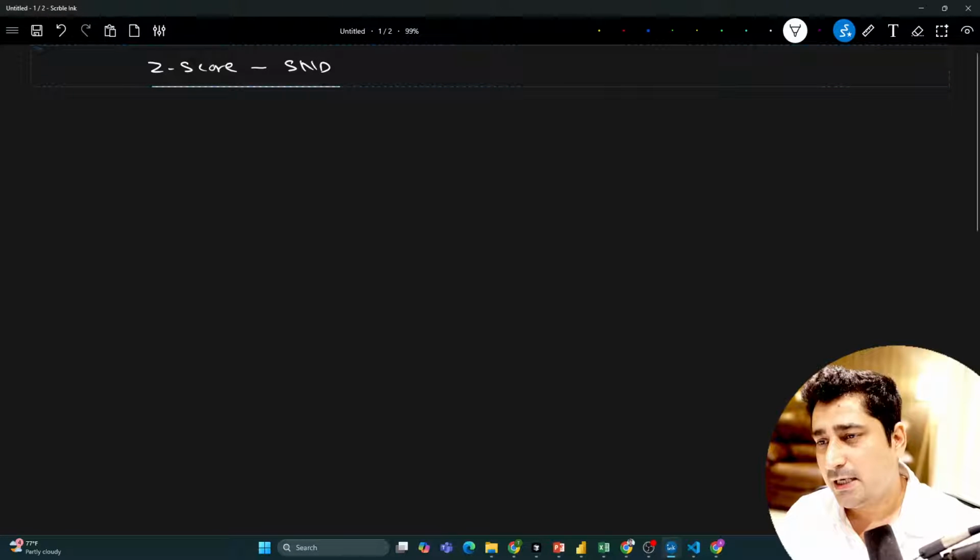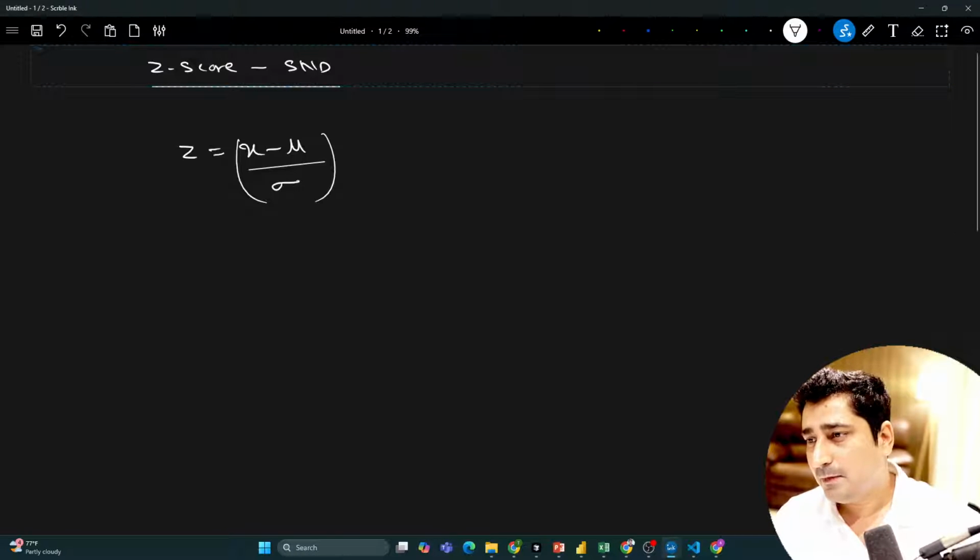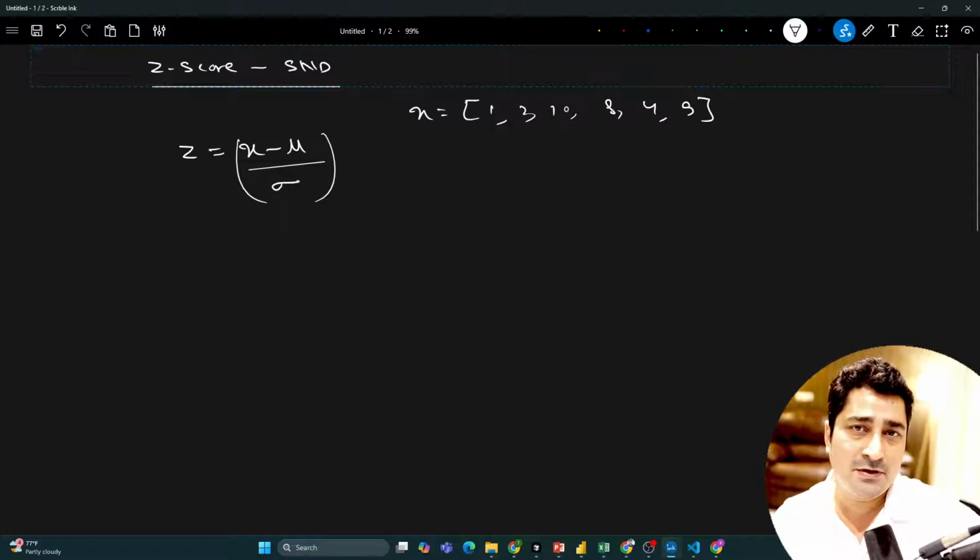Basically, the Z score formula says that Z equals data minus average divided by standard deviation. Whenever a data set is given to me, for example, 1, 2, 10, 8, 4, 9, this is the data set given to me.